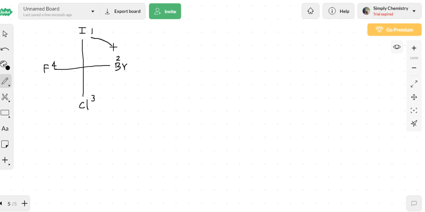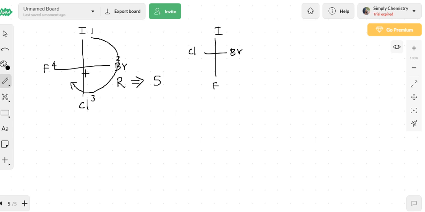Now if you check the configuration as such, it is going clockwise, so it is actually R. As the least priority group is not projected down or it's not away from us, you just have to flip the configuration, so in reality the molecule has an S configuration. We can check by interchanging them, and also we can check whether it is working correctly or not.